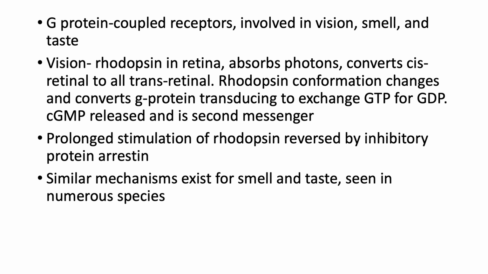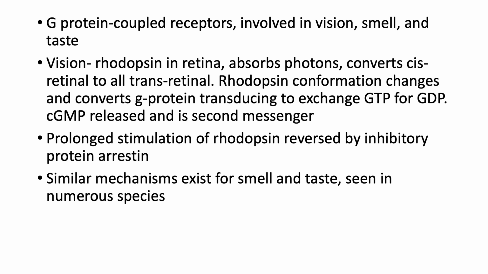G protein coupled receptors are involved in vision, smell, and taste as amplification. For vision, rhodopsin is present in the retina. It absorbs photons and converts cis-retinal to all-trans-retinal.